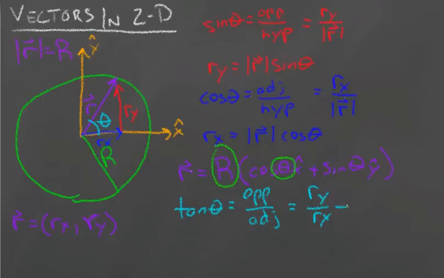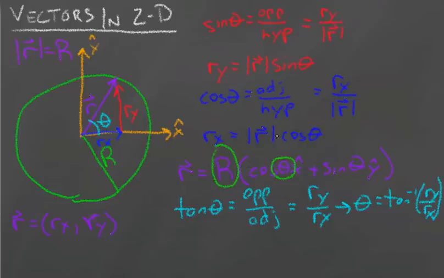So in other words, theta is equal to the inverse tan, or arctan, of ry over rx. So this gives us an easy way to move back and forth between if we know the magnitude and the angle, or if we just know what the x and y components are. These give us two different ways that we can look at constructing a vector.